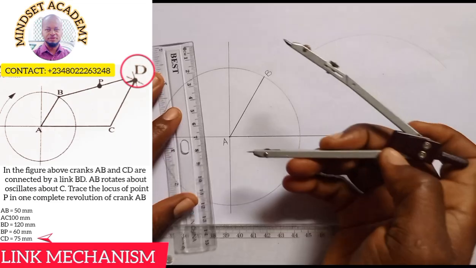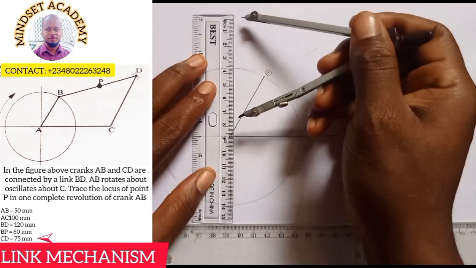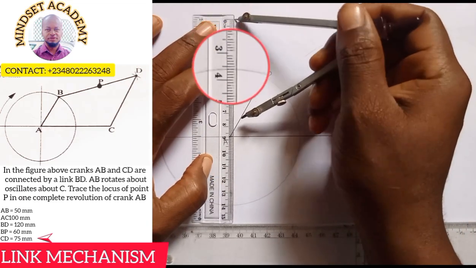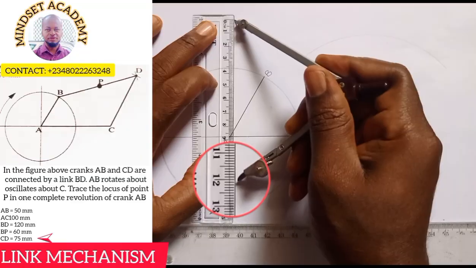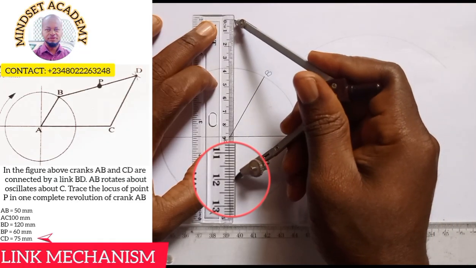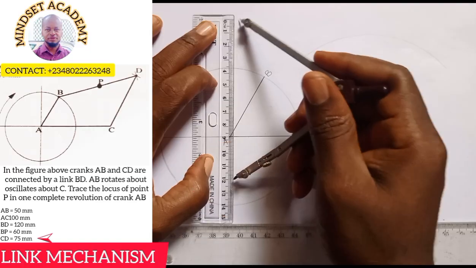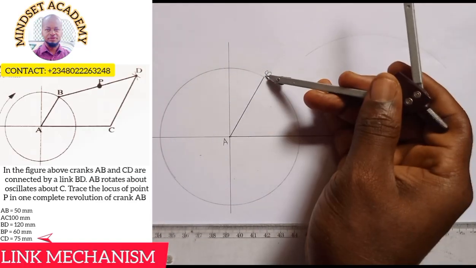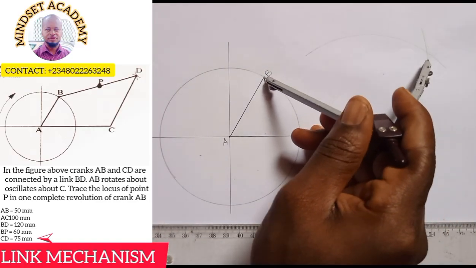I'll measure 120 from 0 straight down to 12 is 120, right? And when I place it here, I'll strike an arc.